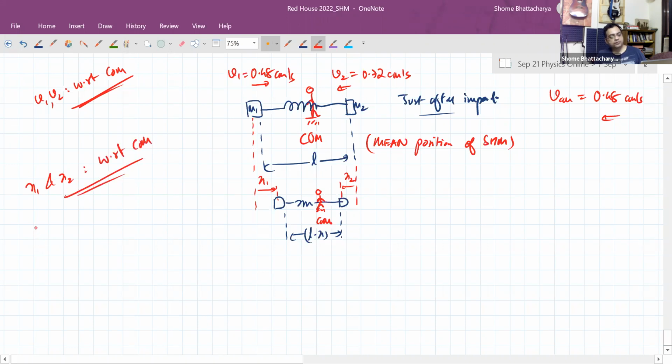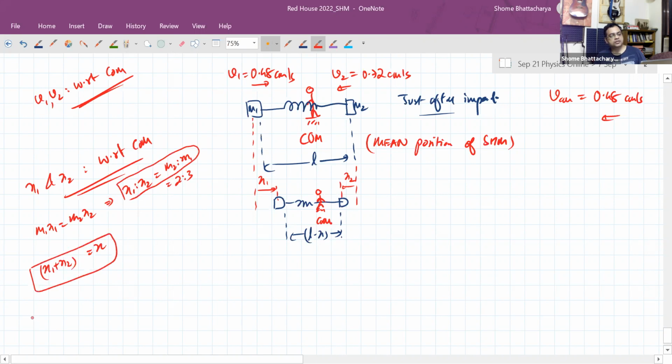So I have M1 X1 is equal to M2 X2, which in this case tells me that X1 is to X2, which in this case will be 2 is to 3. And X1 plus X2 is equal to X. So again, solving this and this, we'll see that X1 is M2 upon M1 plus M2 times X. So you're going to come to that reduced mass formula.